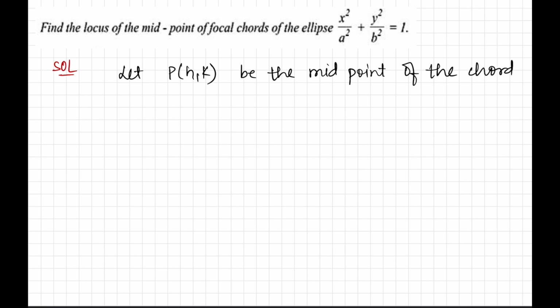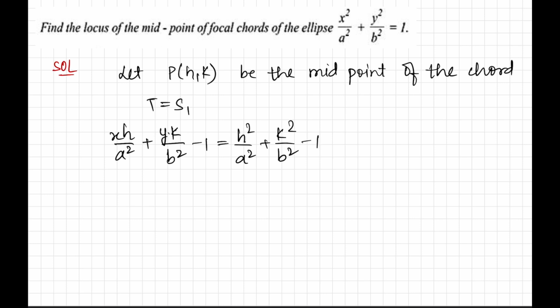So the equation of the chord can be written as T equals S1, and hence we get x into h by a square plus y into k by b square minus 1 is equal to h square by a square plus k square by b square minus 1.